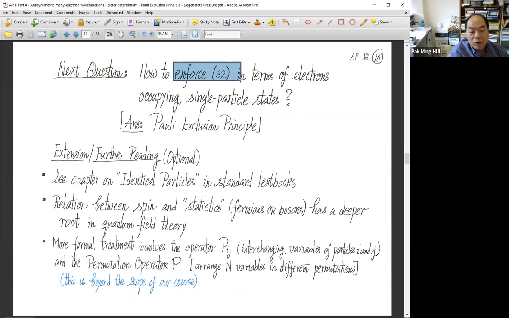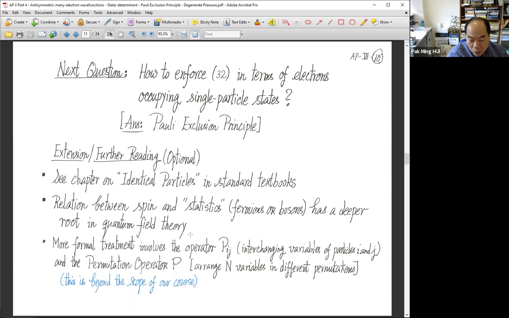For those of you who are going into the advanced quantum mechanics course, or want to read more immediately, there are different levels. In a standard quantum mechanics book, look for the chapter called identical particles. As I said, I would rather use indistinguishable.